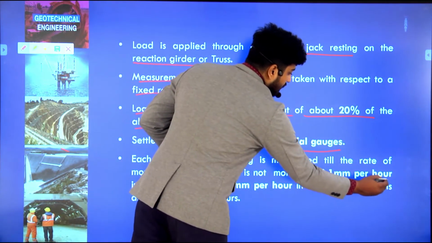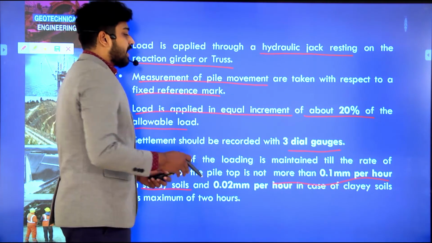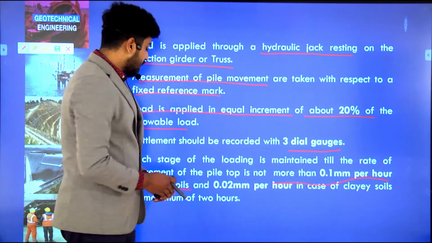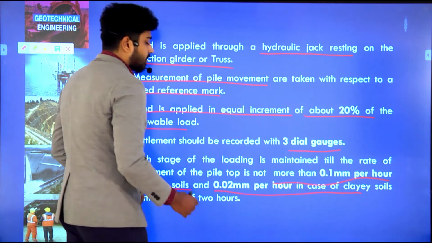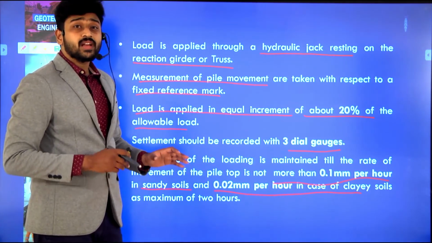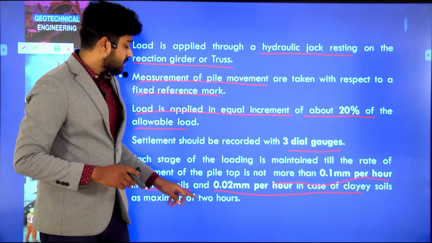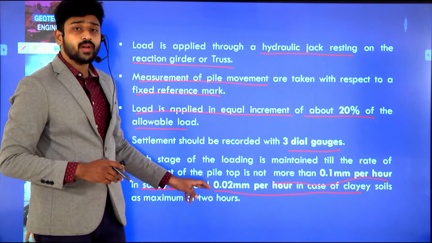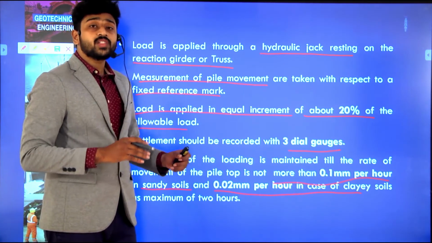That is, we must carry on in case of sandy soils up to a rate of movement not more than 0.1 mm per hour, and in case of clayey soils it is 0.02 mm per hour. So up to that particular rate of movement the loading must be maintained.